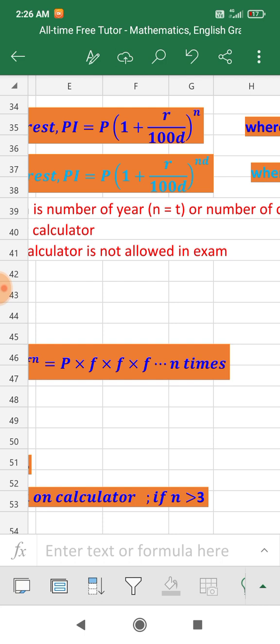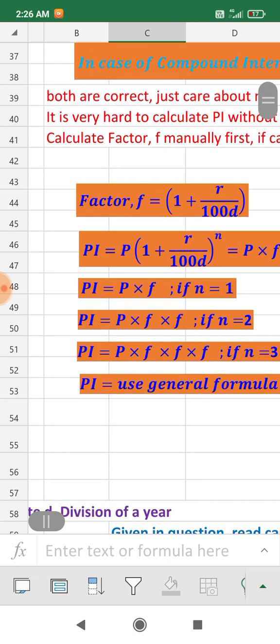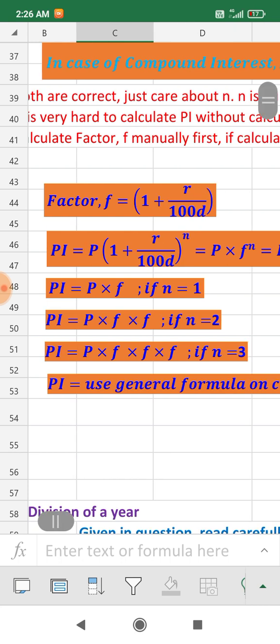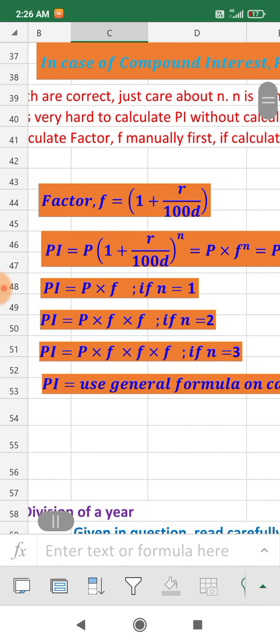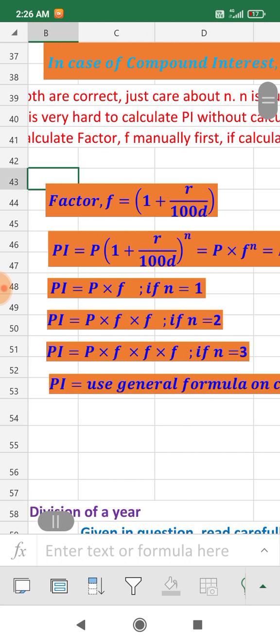So for that purpose, if we have to work without a calculator, I have modified this equation in this way. I have calculated the factor. This portion within the bracket I have made as a factor F.